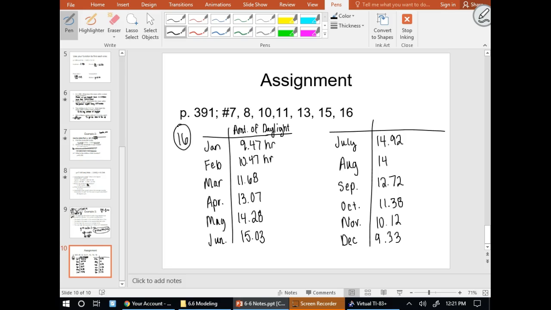Also, I'm going to warn you about the answers in the back of the book. They're wrong for what I'm wanting you to do anyway, because on the ones where you have to do a regression, the book did not use the calculator. The book used the numbers to find something that fits it.